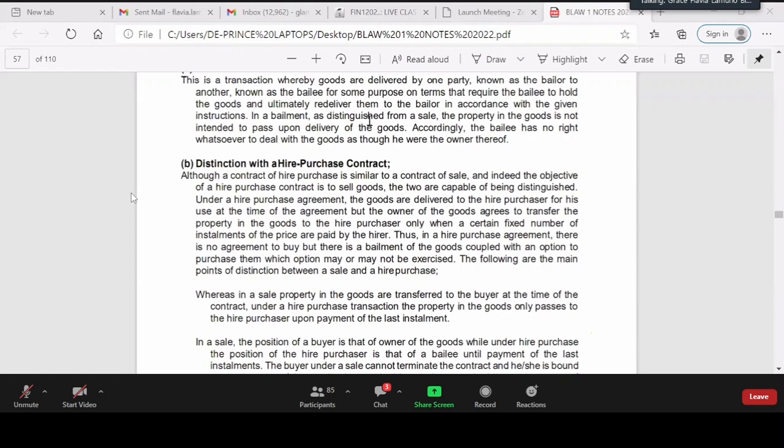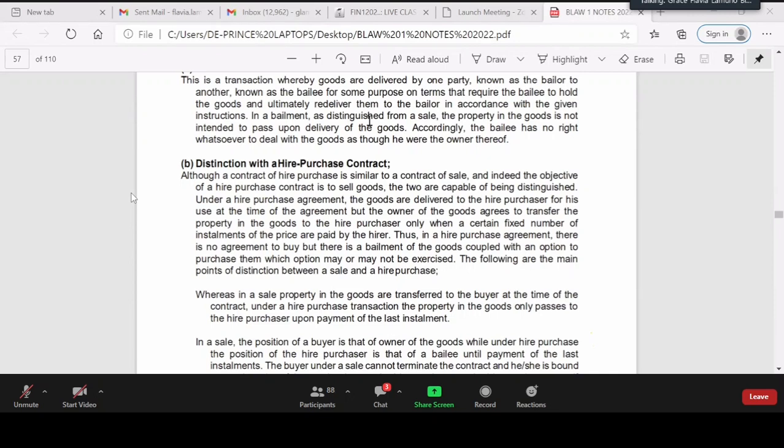The difference is that in a sale, the property is transferred immediately, while in a contract of hire purchase, the ownership is transferred when the last installment has been paid. When the last installment has been paid, that is when the ownership transfers.